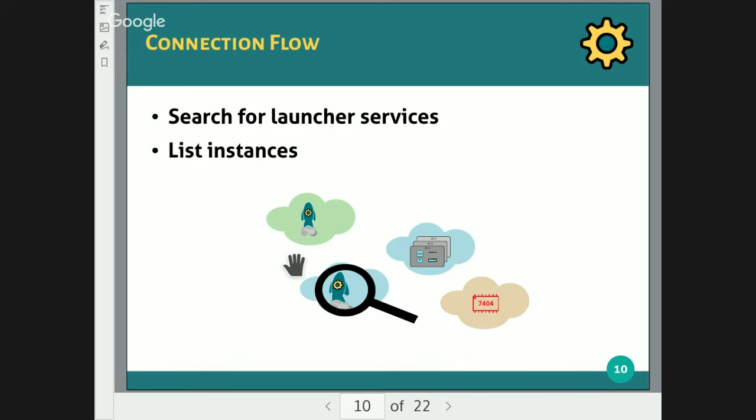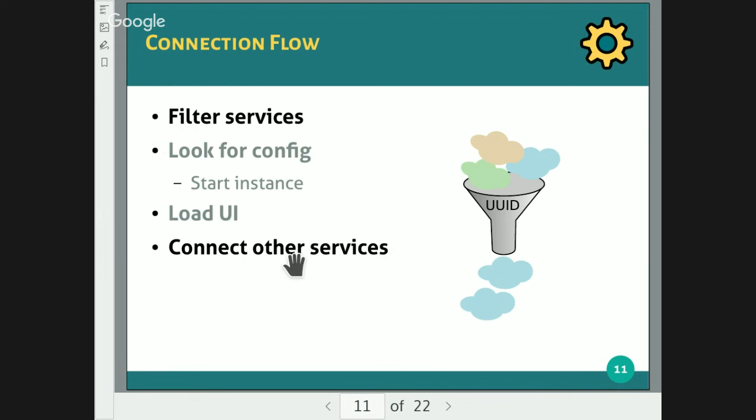And once we have found the instance we want, the services announce names and UUIDs and other meta information. We filter the services: first we have to select a service, and then we use the UUID to filter all the services we get. So in the end, we have a list of services that are already filtered by a UUID, and the UUID relates to the Machinekit instance.